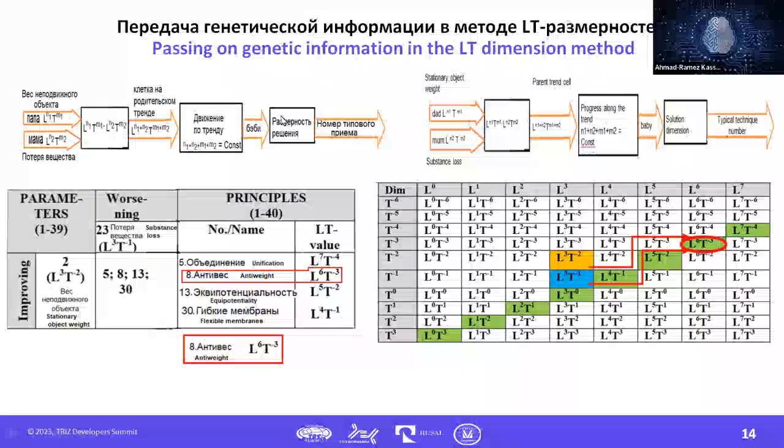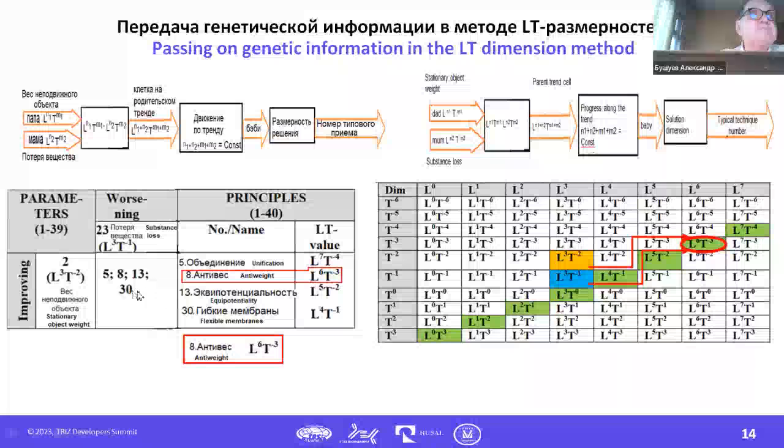You have 10 minutes to go together with questions. Passing on genetic information in the LT dimension method. Here we can see what is worsening and what is improving. Here is the weight of the unmoving, stationary object, and here are the dimensions, and here the result of the Altshuler table.